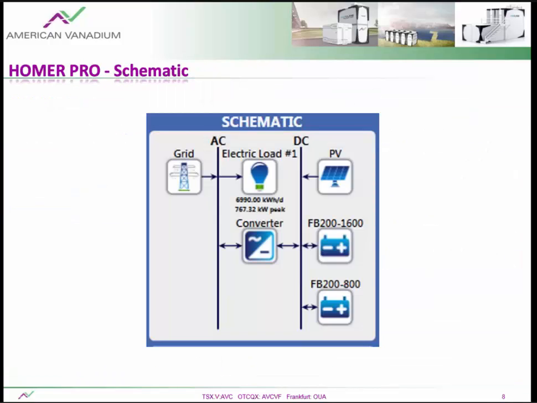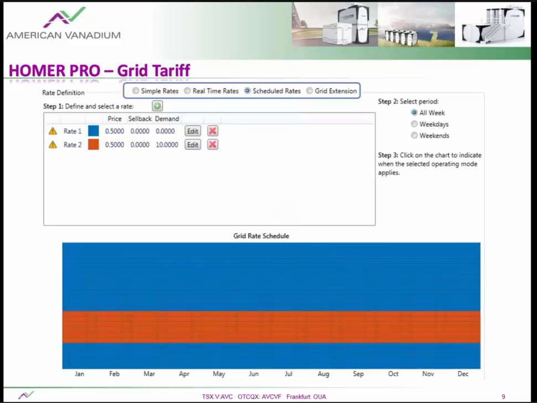So next we'll move on to the grid. So here's a tariff that I've set up. It's fairly simple. The price is 50 cents, as can be seen in parts of Hawaii. I've also set a demand just to add some variance. This is just the general grid tariff I set up.